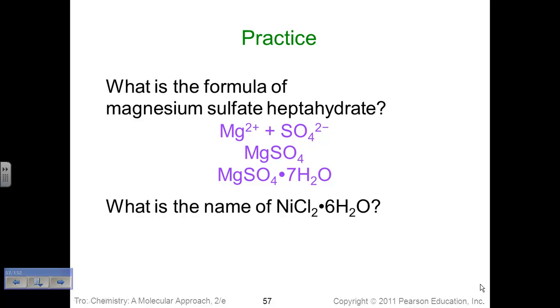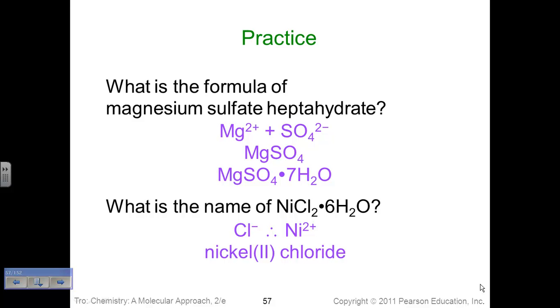How about naming NiCl2 with 6 waters? Ni stands for nickel. Nickel lives right in the heartland of, I need a Roman numeral in my name. Nickel is number 28. Find it on your chart and prove it to yourself. Nickel is a shorty in the middle, group 1B. Oh, I'm sorry, 8B.